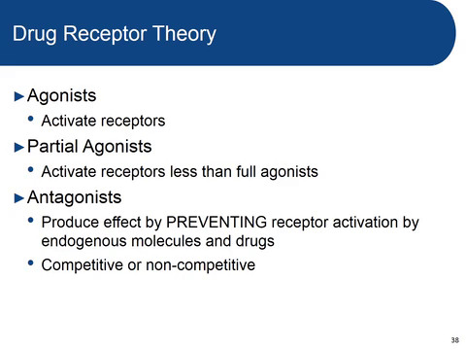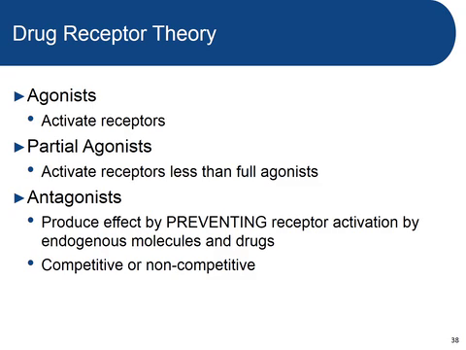Not only do they not produce a response, but they block norepinephrine from binding to that site and producing a response. That's how antagonists work. And they're said to be either competitive or non-competitive.